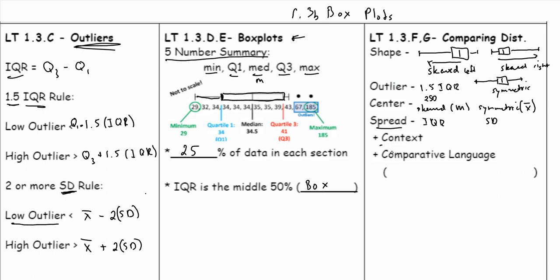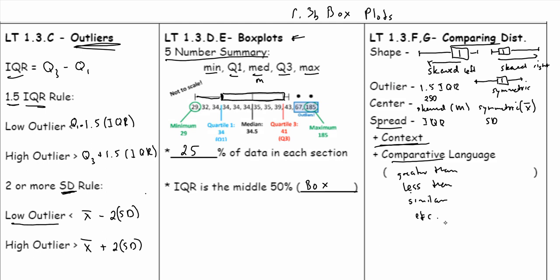Always make sure whenever you talk about distributions, you always include context. Also, if you're comparing distributions, make sure you use comparative language, such as greater than, less than, similar, and so on.